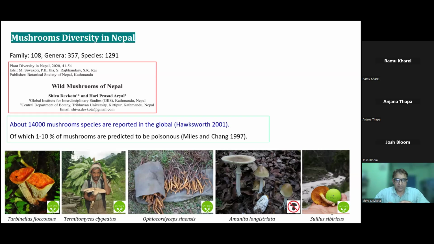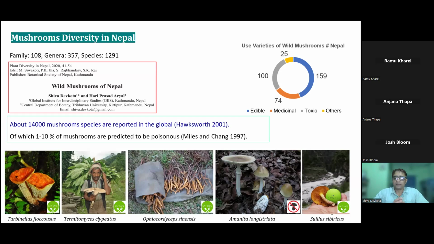If we look globally, about 14,000 mushroom species are reported, of which 1 to 10% are predicted to be poisonous. If we look at Nepal, out of 1,291 species, there are only 159 species of edible mushrooms that are really used by local communities.